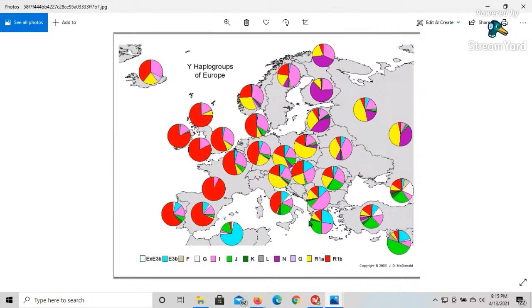Well, it's all of Europe, basically. And you can't forget even up into Russia, Scandinavia, all these places. And of course, Italy is Jewish with the J Y chromosome. Of course, Greece is Jewish with the J Y chromosome and the I. It's a huge I Y chromosome. Israelite.